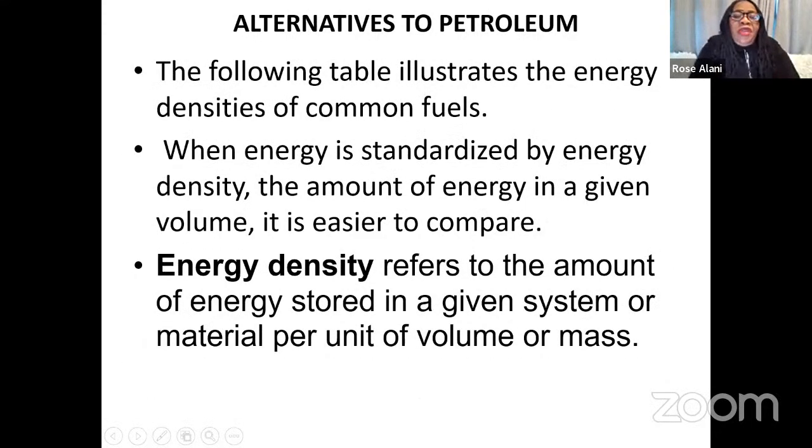We have a table here that illustrates the energy densities of the common fuels. When energy is standardized by energy density, the amount of energy in a given volume is easier to compare.